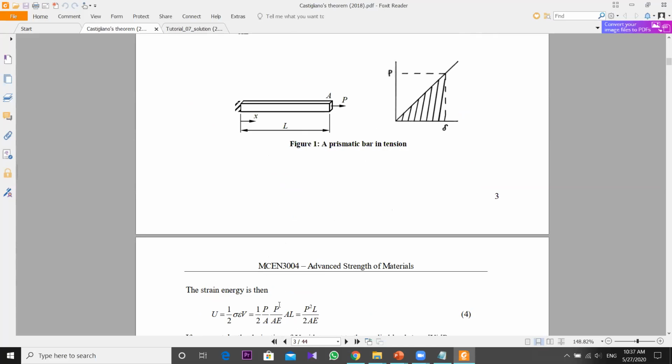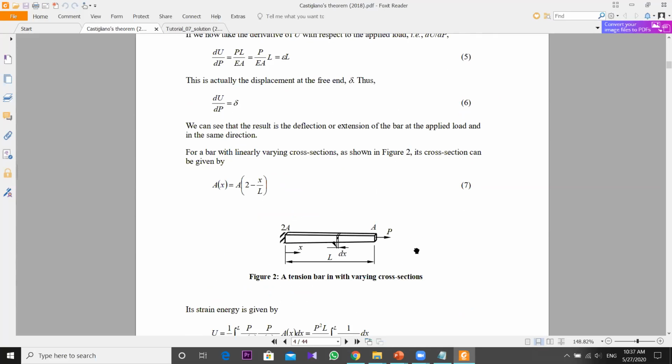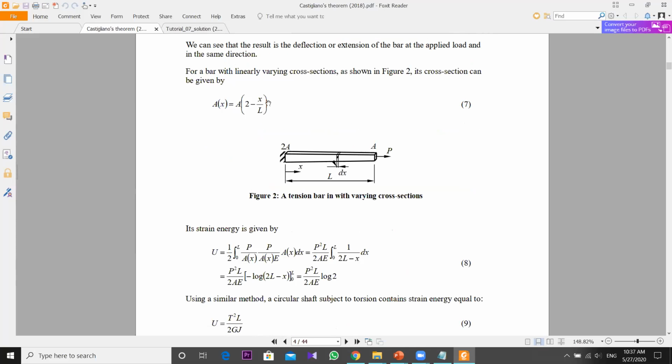It has one constant value toward this direction. It is not changed. But here, toward this direction, the cross section will vary. So the cross section is a function of the x direction, with the length. Can you see this equation? When you substitute L here, this will be 1, then the cross section will be A. But if you substitute 0, it will be 2A, 2 times.